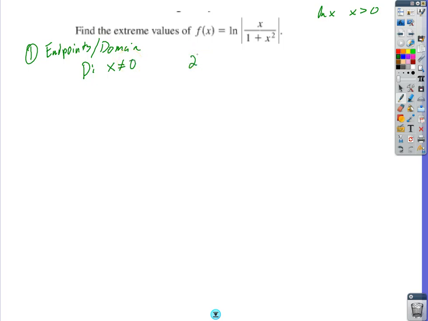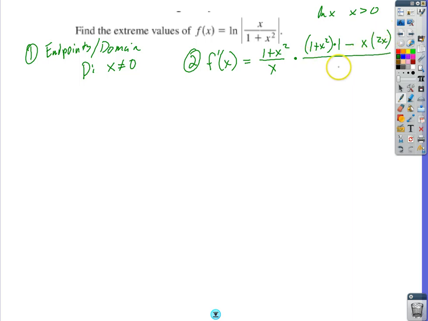Step 2, I need to go find f prime. F prime of x on this one, natural log, the derivative of natural log is 1 over the inside, but that means flip this over x times the derivative of the inside, so that's a quotient rule, low d high, so 1 plus x squared times 1 minus high d low, x times 2x all over low squared, 1 plus x squared.